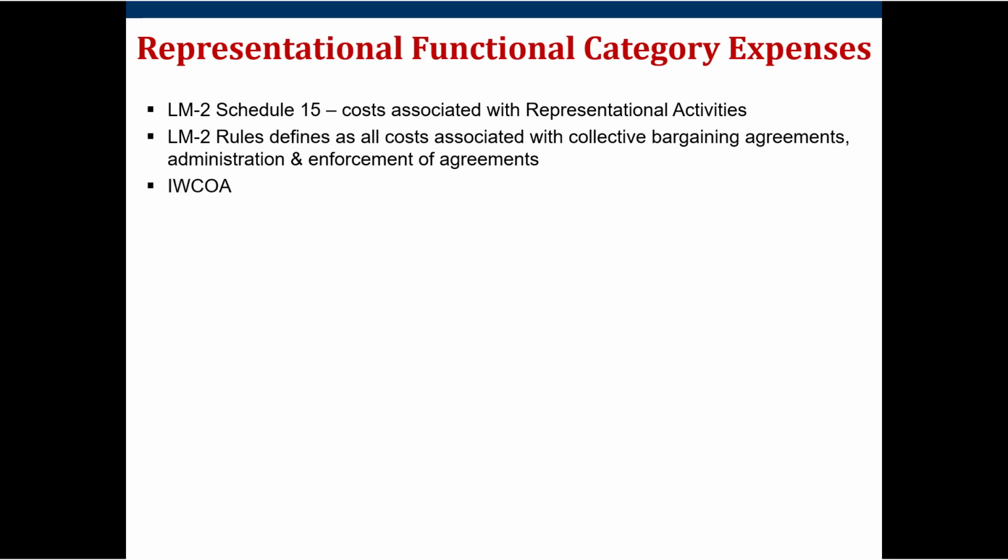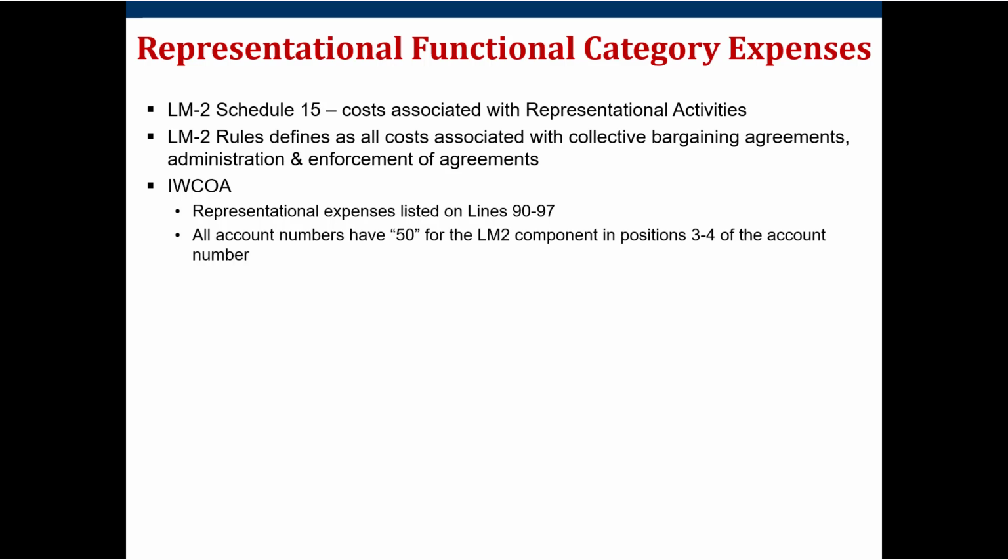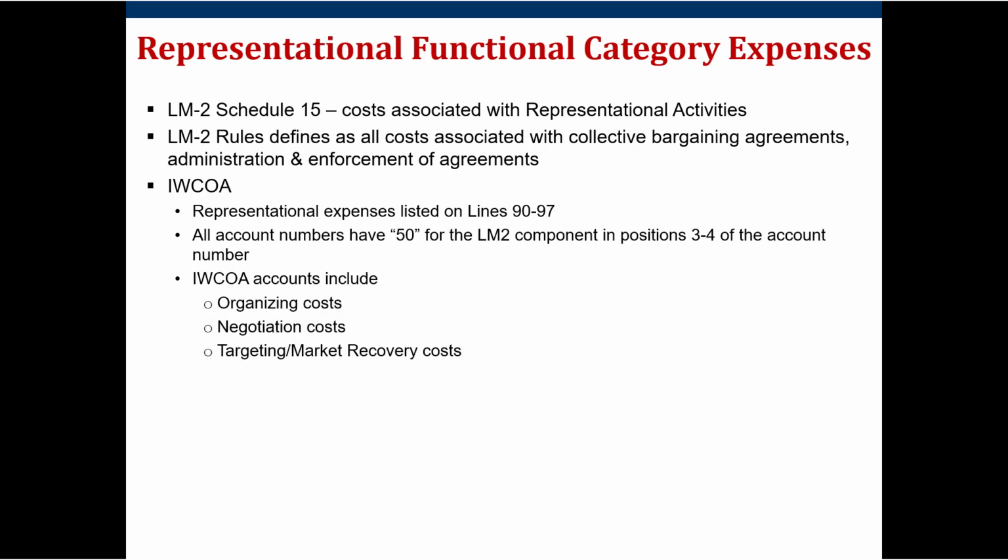Our chart of accounts has representational expenses listed from lines 90 through 97, with the number 50 as the LM2 component of the account number in our chart of accounts. Accounts that we have included under representational costs are organizing, negotiation, and targeting costs.